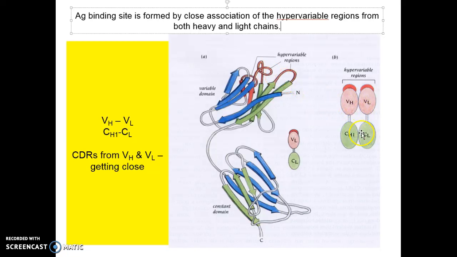Domains associate pairwise so that VH interacts with VL, and CH1 with CL. By this interaction, the CDR regions of both variable domains are brought close to each other and together form the antigen binding site.